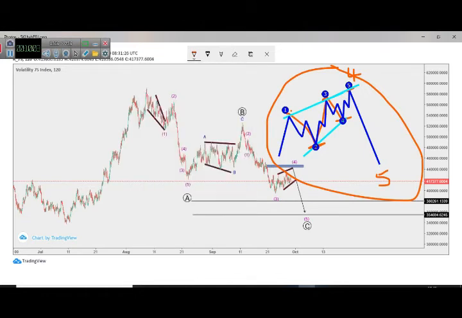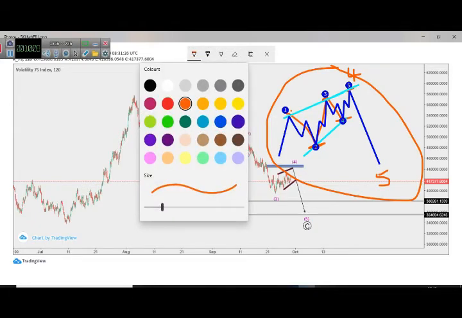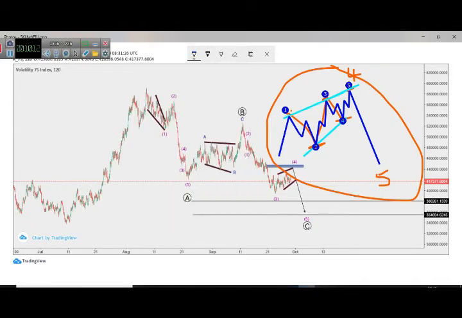What I mean is this, right? This wave 5 may end around these levels and make a reversal to the downside, or it may blow, overshoot this upper trend line and make a reversal around these levels going down.